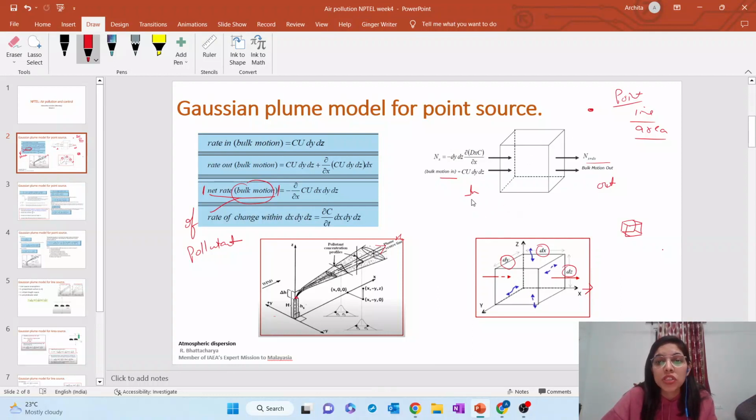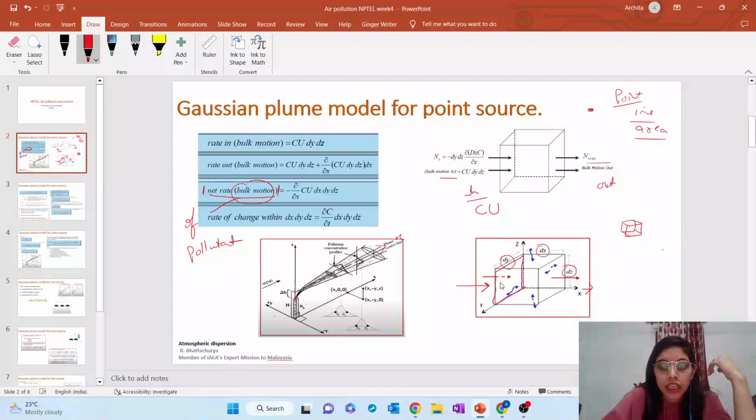To calculate how much pollutant is going in, we need to know the concentration of the pollutant. Then this pollutant is also affected by the wind speed, so we need wind speed, which is du. Now these two parameters are there. What is left is area. So if you look at this cube, if there is a movement from this direction, then it is lying on this plane.